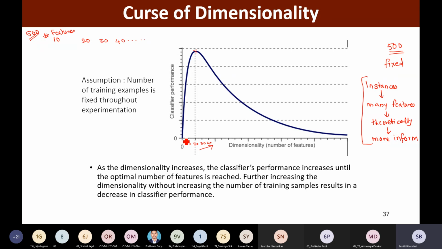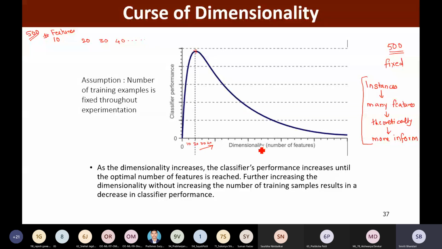Right? So the performance of the classifier goes on increasing till the number of features reaches some optimal value. Here in this case it is 20. Let us assume. But further, if we go on increasing the number of features, then what has happened? The performance has started degradation. So performance is degraded after the number of features 20.